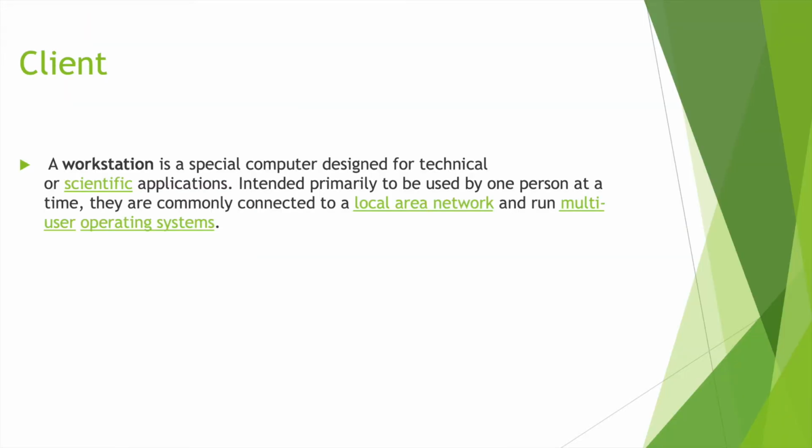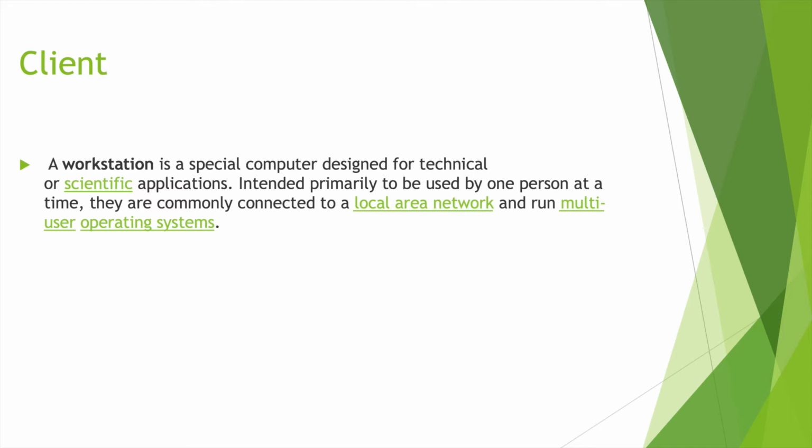The first component is the client. According to the definition, a workstation or client is a special computer designed for technical applications, and it can be used by one person or multiple persons.